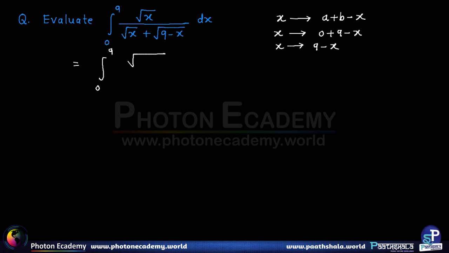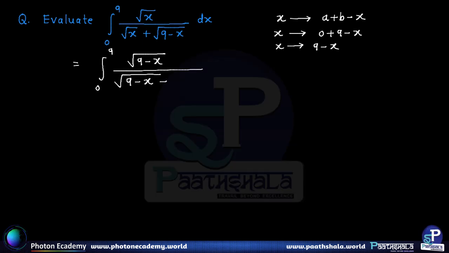the x in the numerator will get changed to 9 minus x. Similarly, in the denominator, x becomes 9 minus x plus root of, here we already have 9 minus x. So in place of x, we must write 9 minus x dx.